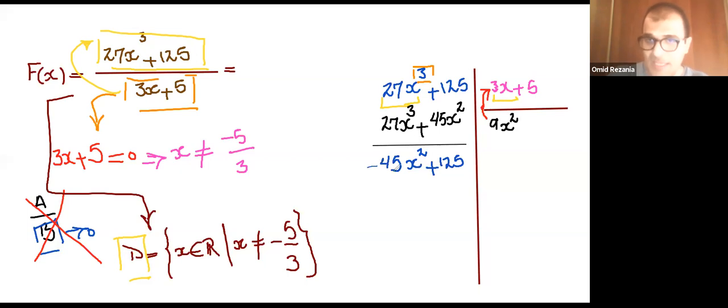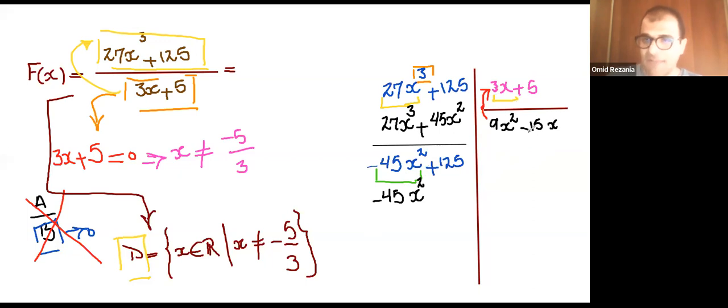In order to kill the first term, you notice that if you multiply that by minus 15 times x, you can kill the first term here, because minus 15 times plus 3 at the divisor produces minus 45, the exact leading coefficient, and x multiplied by x becomes x squared.